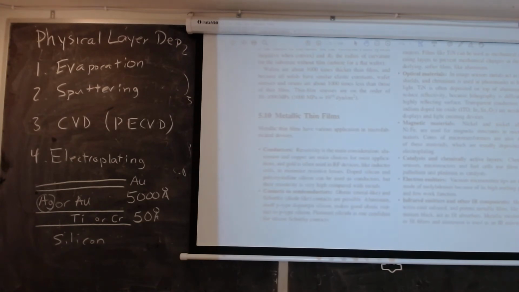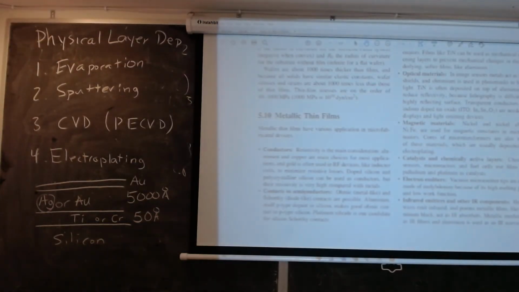But typically, in order to make an ohmic contact, you use a dopant in the metal itself. So for example, aluminum, think about it, is a group 3 material. Okay, here I will write this down.